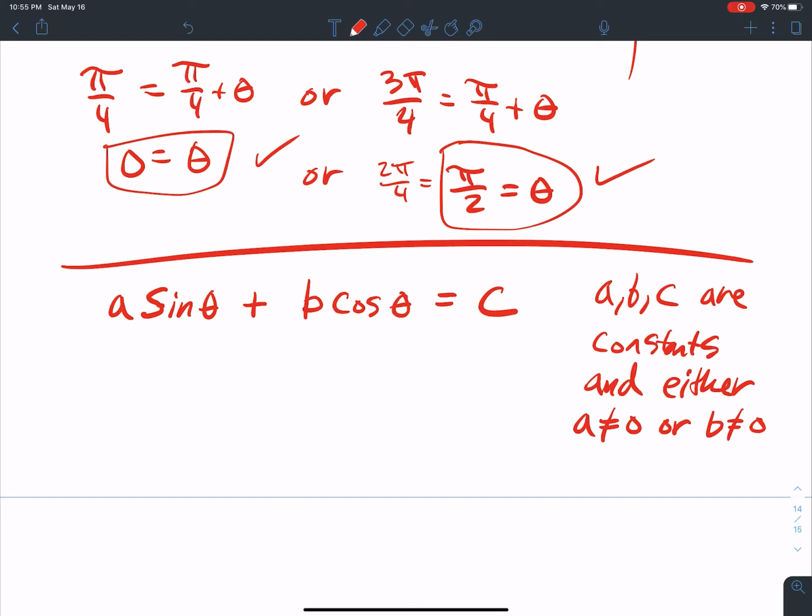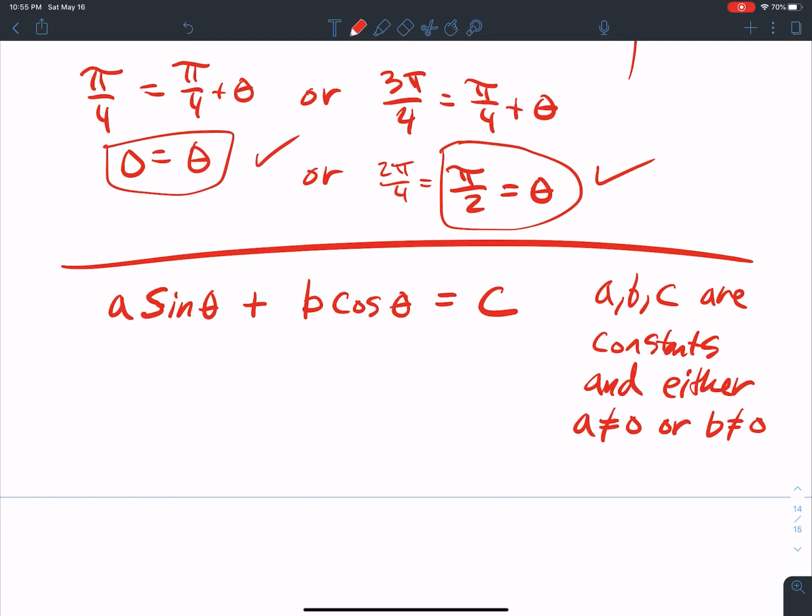So at least one of them has to be non-zero for this formula to work. The formula is going to be a little bit complicated.